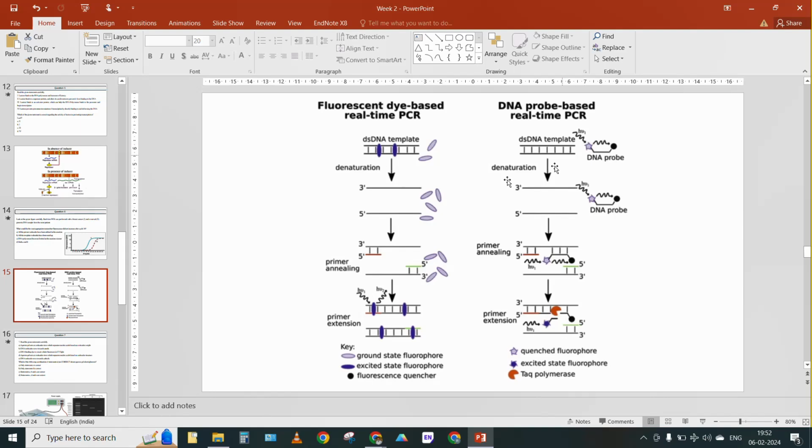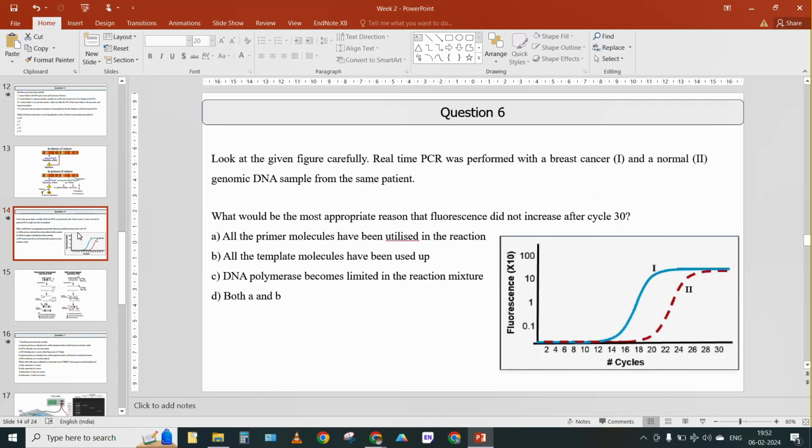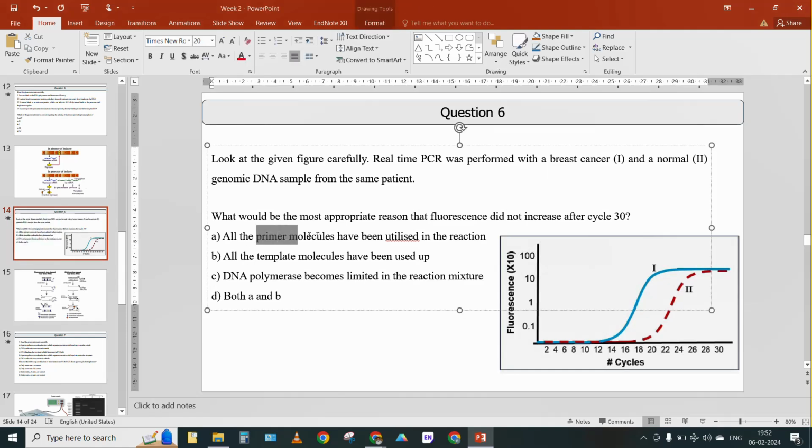Coming back to the question, here there are two things: one is the template molecule, the second is the primer molecules. If we used up all the template molecules, there would be no such changes in the fluorescence. If we use all the primer molecules, then after cycle 30 all the primer molecules might have been utilized.